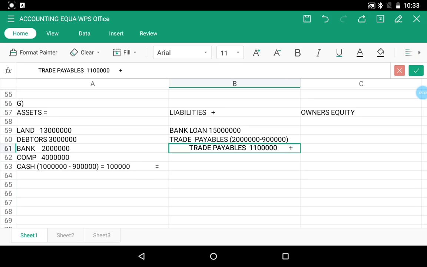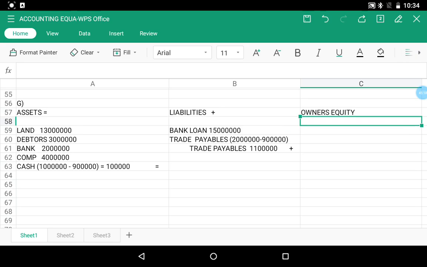Remember, accounting equation is assets equal to liabilities plus owner's equity. Under owner's equity, we still have nothing changed. So we have our capital 5 million. We have our profit.